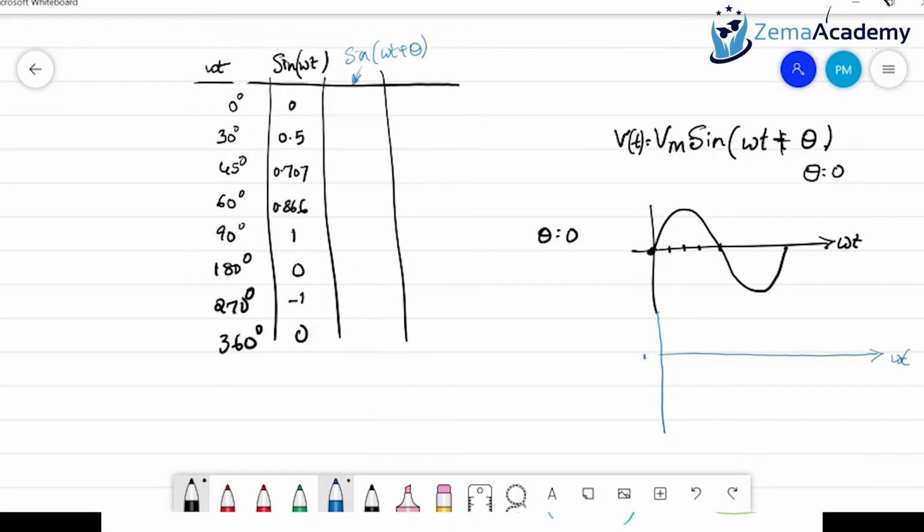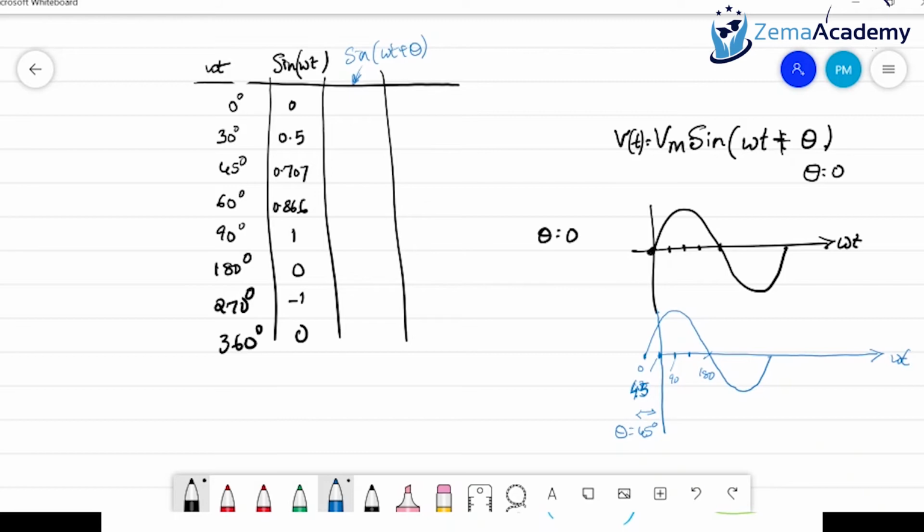So that's 0, that's like 30, that's like 90, or maybe let's call this 45. And that's 180. So theta here is really 45 degrees.